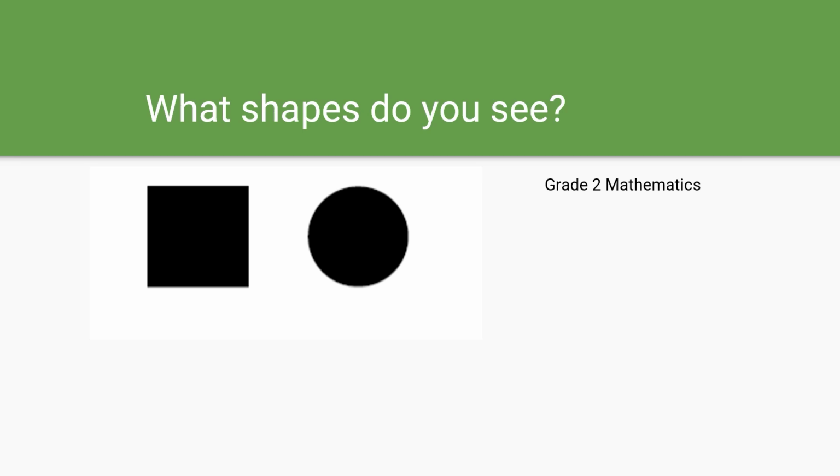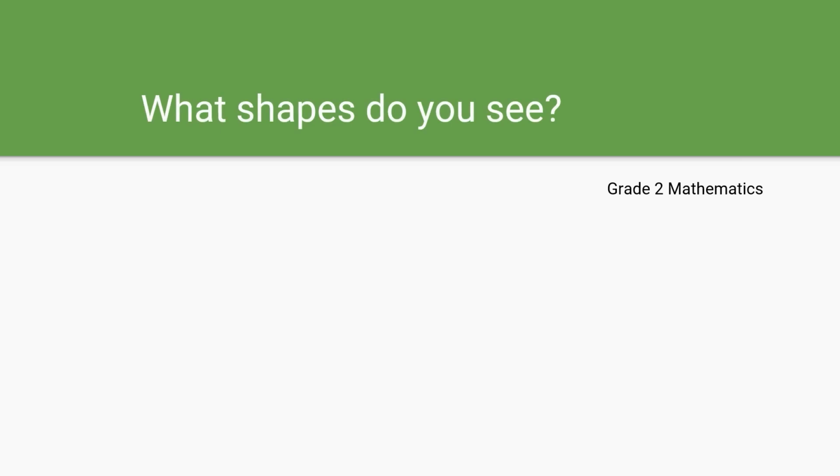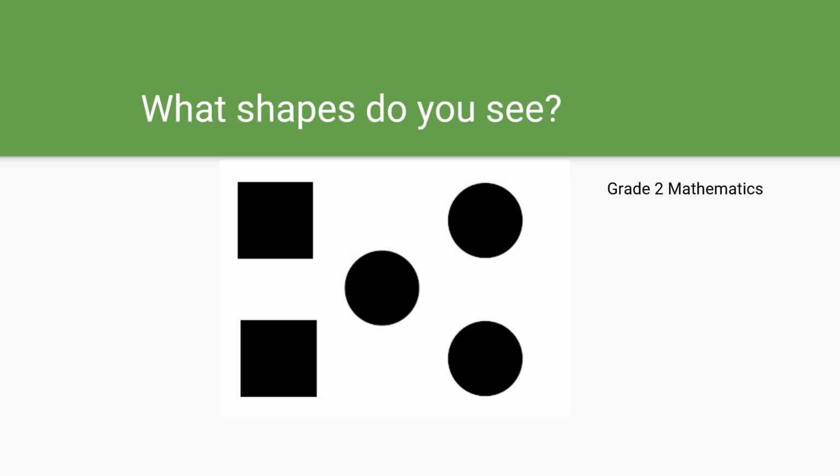Let's do another one. What shapes do you see? I see 1 rectangle and 2 triangles. What shapes do you see? I see 2 squares and 3 circles.